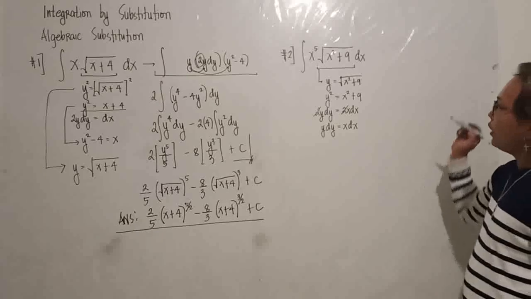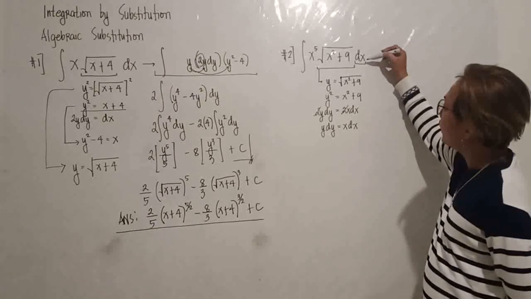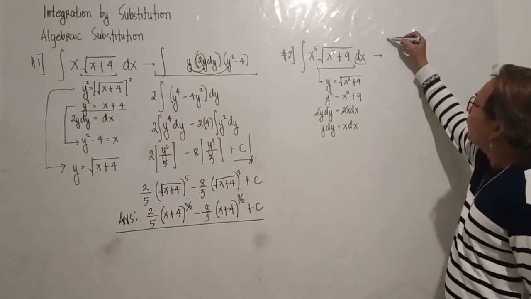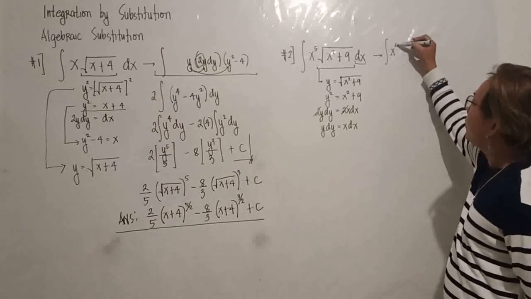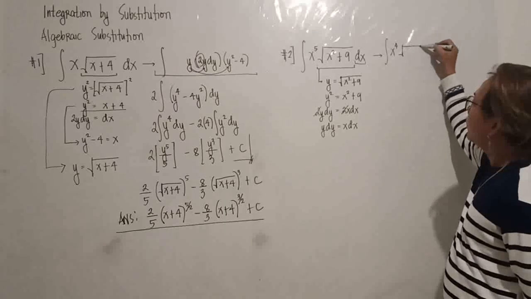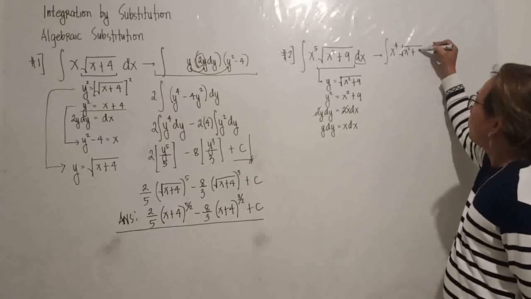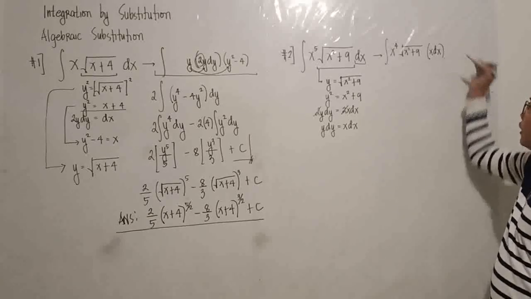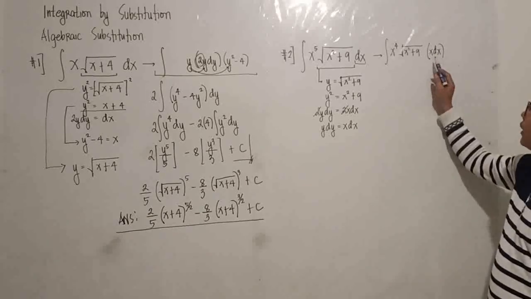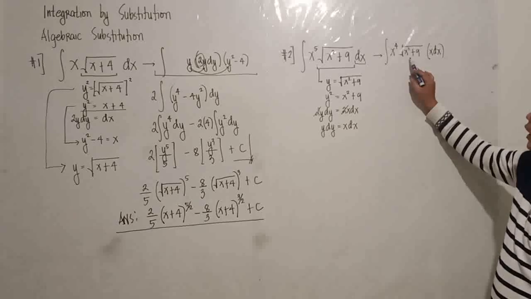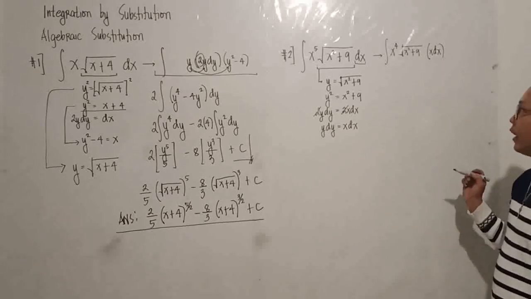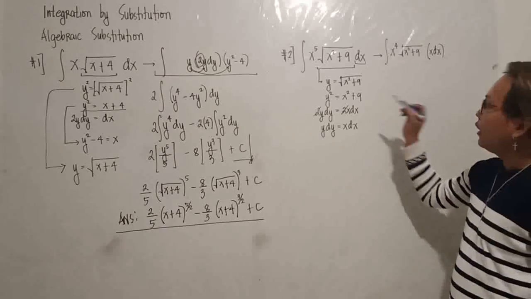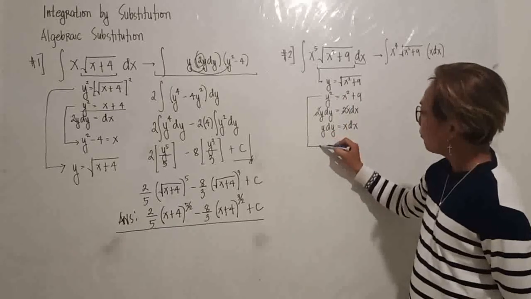So, ang kailangan kasama ni dx ay isang x. So, babawasan natin yung x raised to 5. That will be x raised to 4. Then, the square root of x squared plus 9 multiplied to x dx. Still, that is x raised to 5. Then, the square root of x squared plus 9 dx. So, ang target mo is to have the x raised to 4. Kukunin mo siya dito.